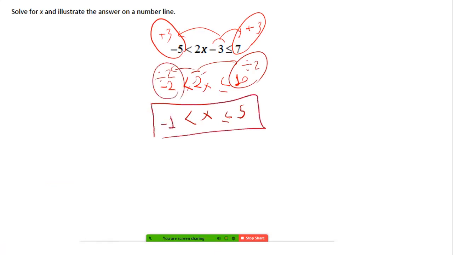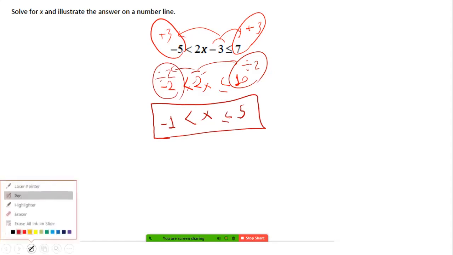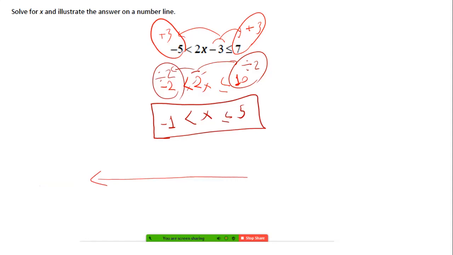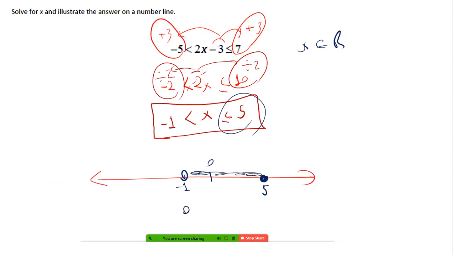Now that you have x alone, you can draw the number line, and let's say x is an element of real numbers, then 0 here, negative 1, and 5. When I look here, 5 is included, negative 1 is not included, and x is between them, you shade in between them. Or you could write it like this, of course.